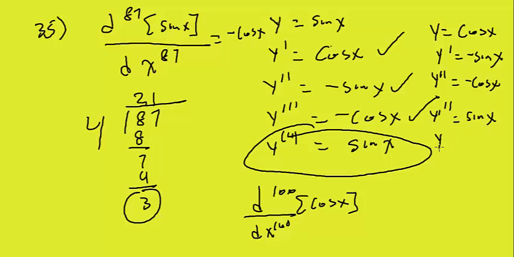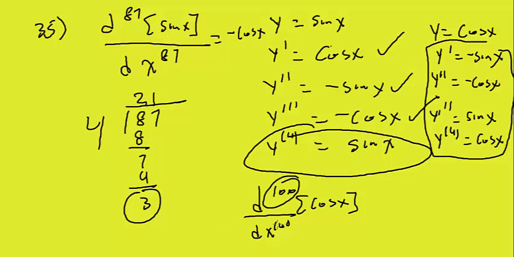And then the fourth derivative is cosine x. It repeats after every 4. If you divide 100 by 4, what do you have remaining? 0. That means it goes back to the original function, or the last one. It doesn't matter. That's it.